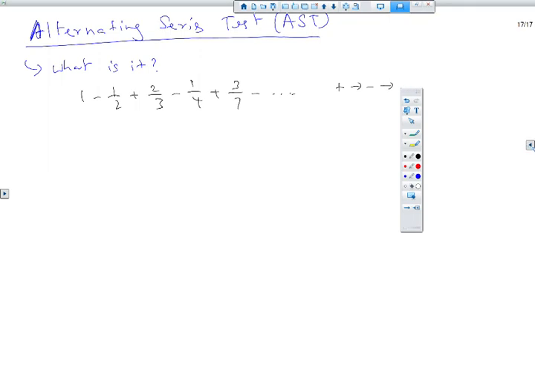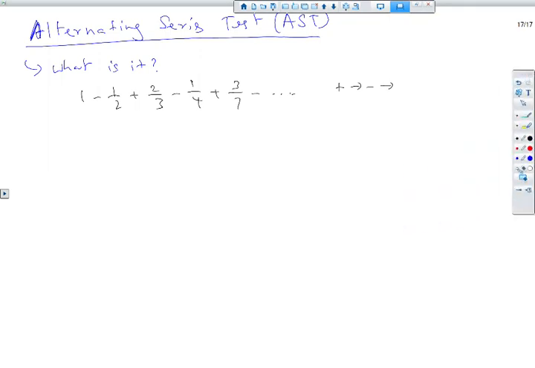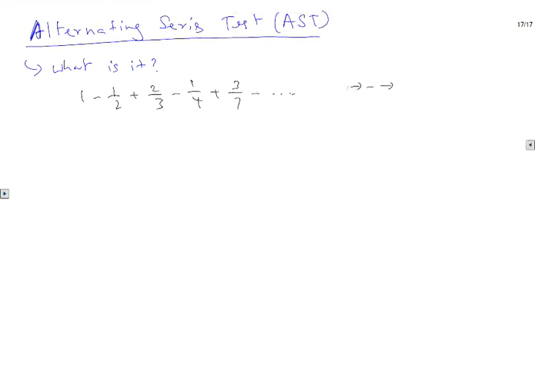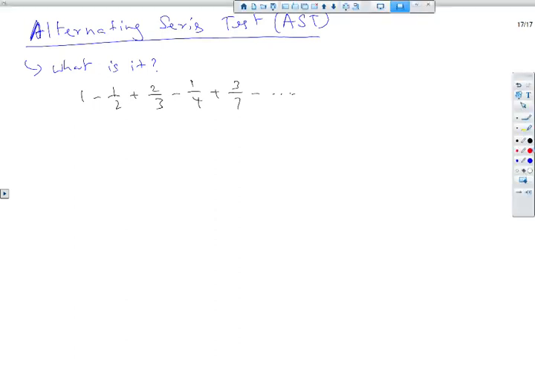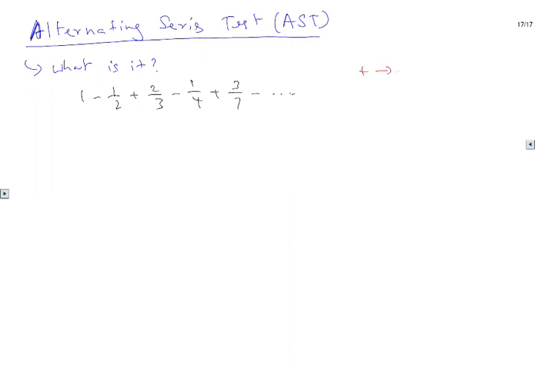That's why we call it an alternating series. It doesn't matter which one you start with. You can start with minus and then plus, or whatever, but it has to change alternately. So it's called an alternating series.